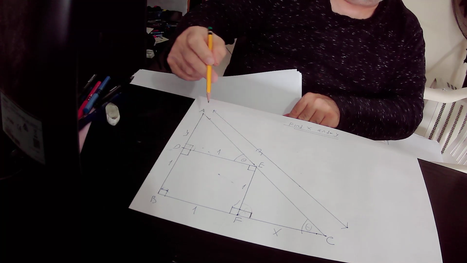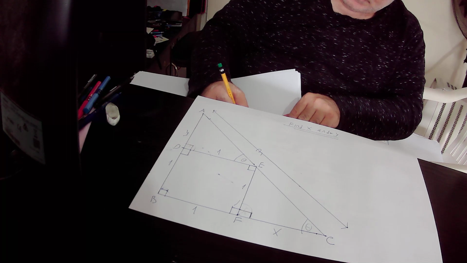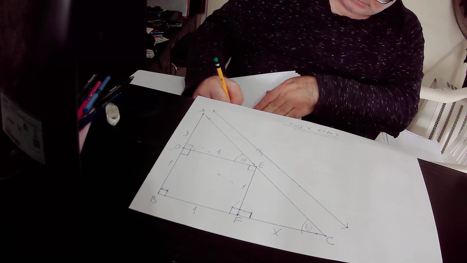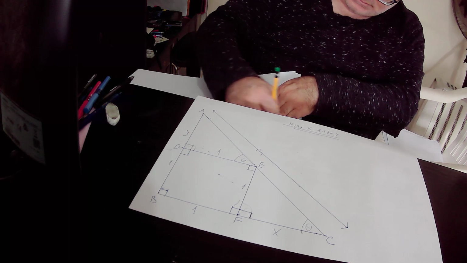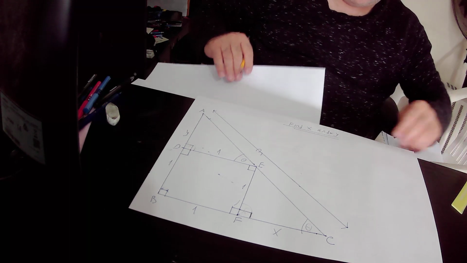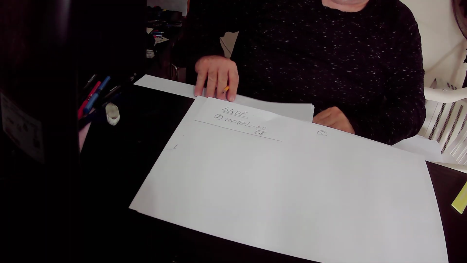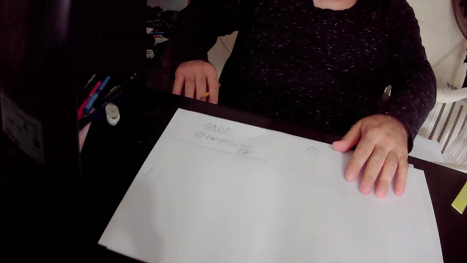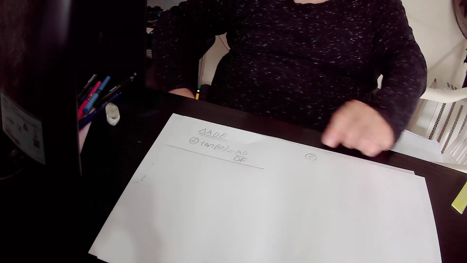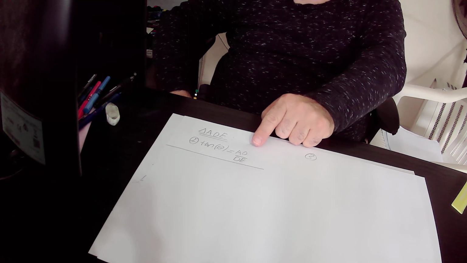Tangent theta equals AD over DE. I repeat again, in the right triangle, triangle ADE, tangent theta equals AD over DE.